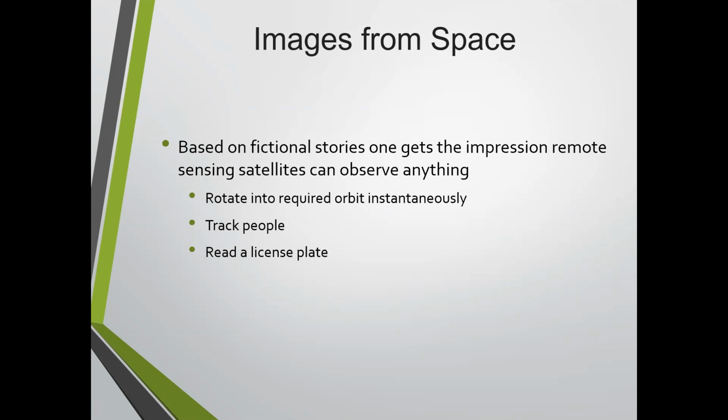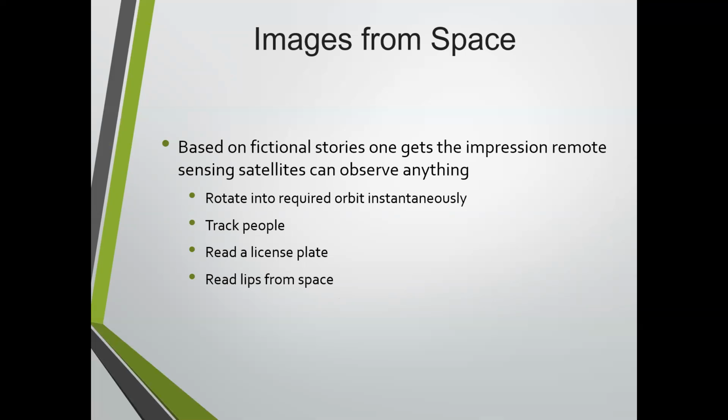Being able to do things like read a license plate off of a car, well, that is starting to happen if you get your sensors pushed down to the limit of what you can read. They're probably not there yet, but the resolutions are increasing pretty drastically. At some point we may be able to do that kind of stuff, but currently not. Reading lips from space is pure fiction, I'm sure.